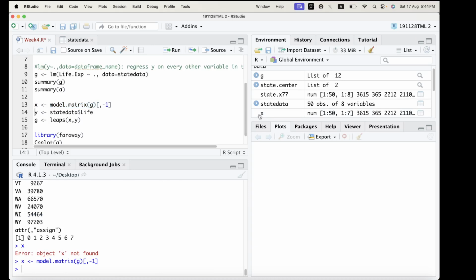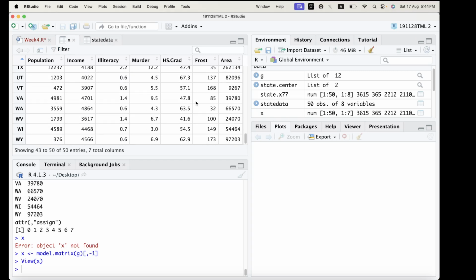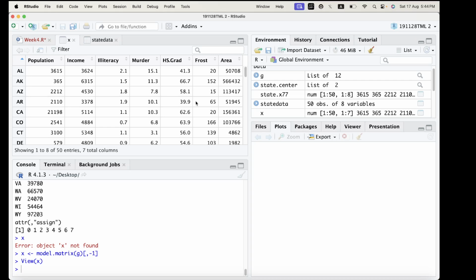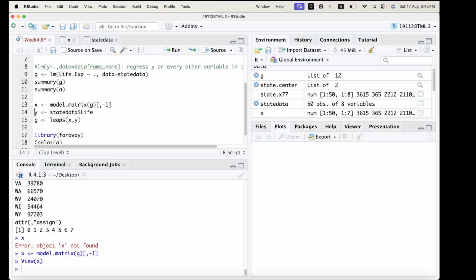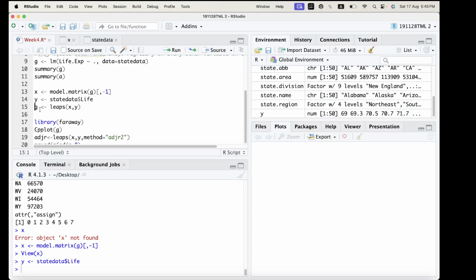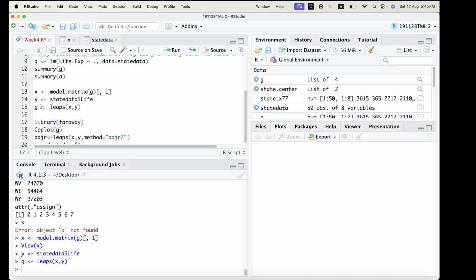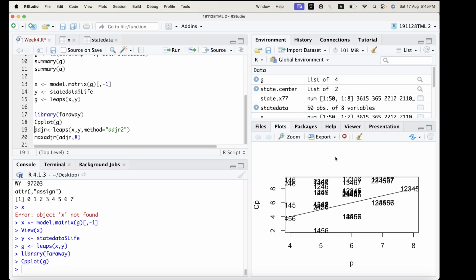All right, so if you see x, everything apart from the intercept is stored over here. And the y value is this life expectancy thing, 69, 68.3. Now if we use this leaps command and we load this library leaps and we plot Cp plot equal to g, then can you see this diagram?